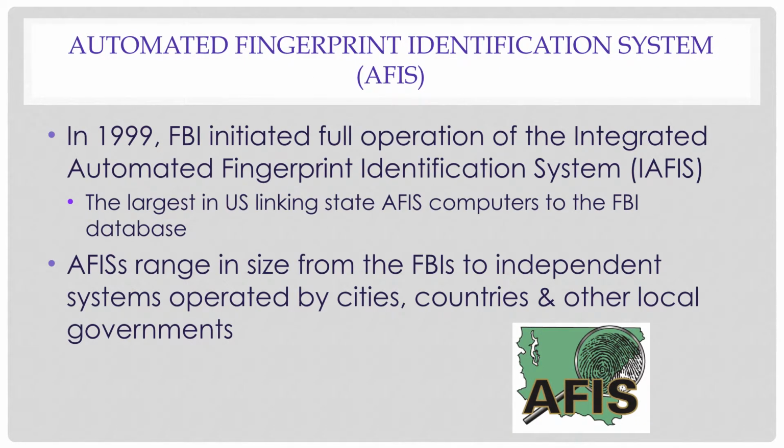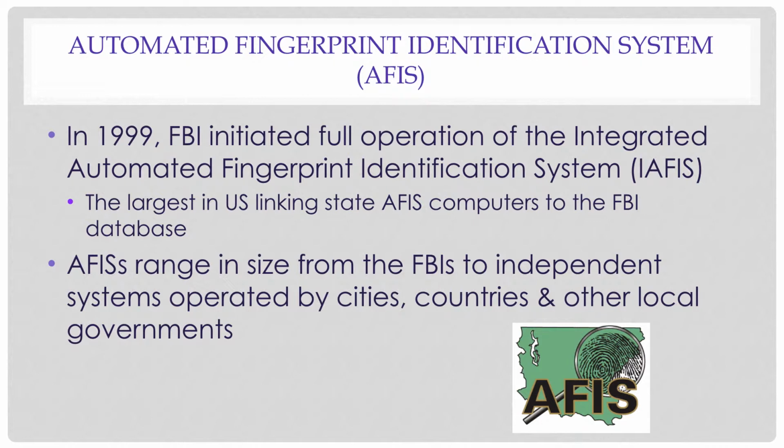The Automated Fingerprint Identification System, or what we refer to as AFIS, is the database of fingerprints. In 1999, the FBI initiated full operations of what we now call the Integrated Automated Fingerprinting Identification System, or IAFIS.